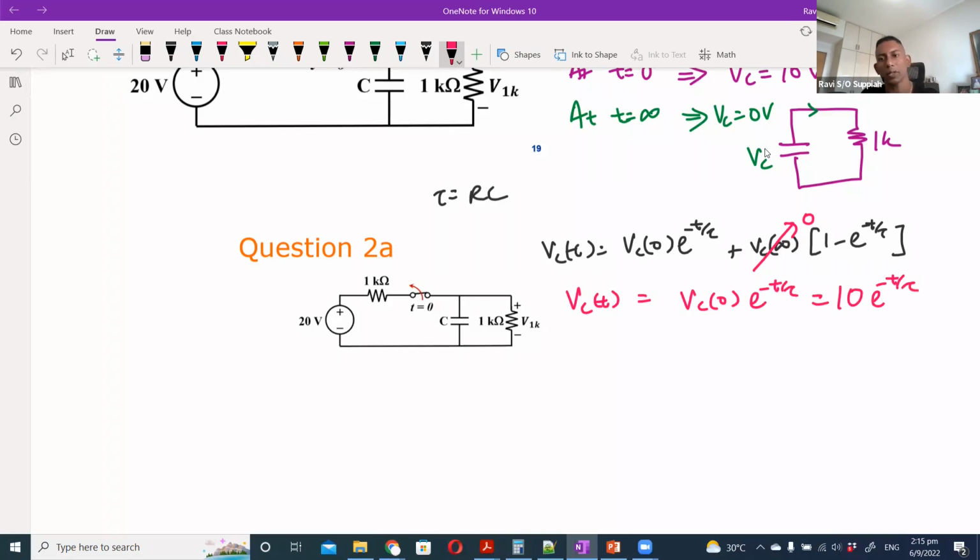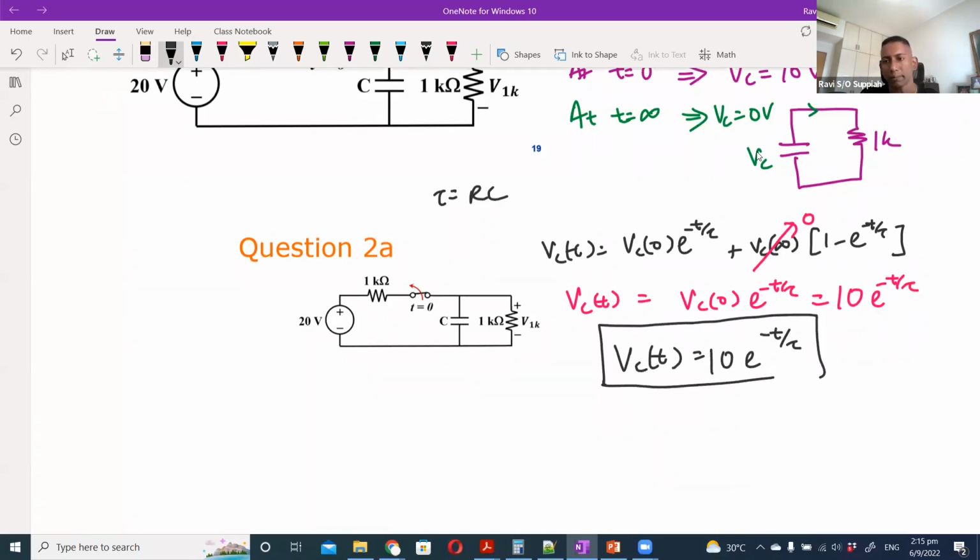That is the expression for the voltage across the capacitor. We are basically working towards this final expression that relates the transient behavior of the capacitor over time once the switch is open.